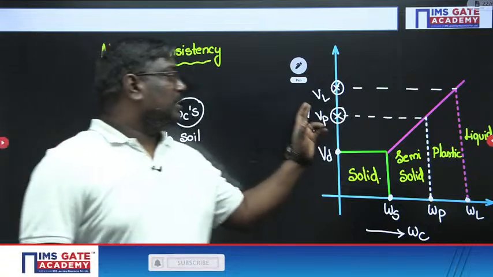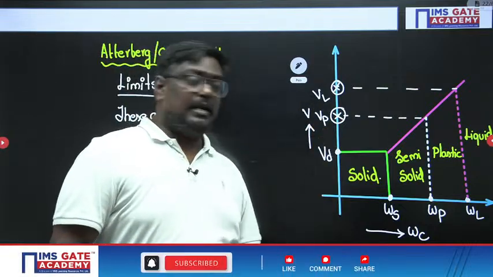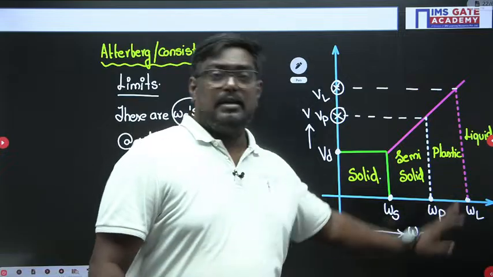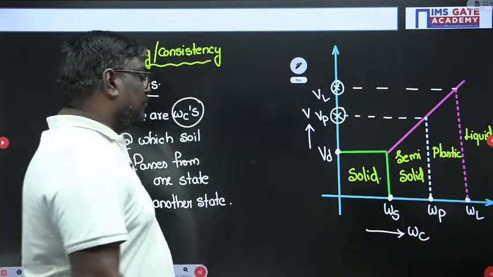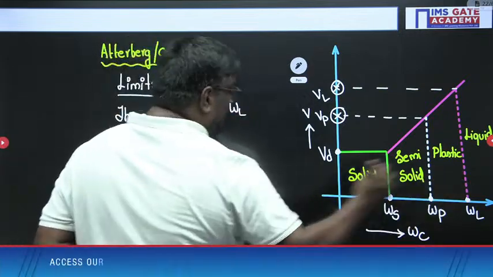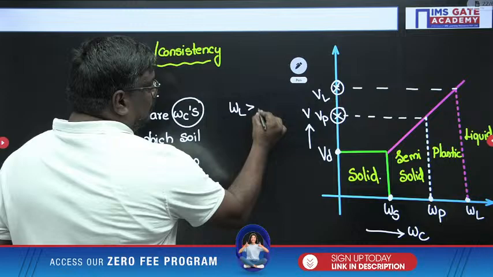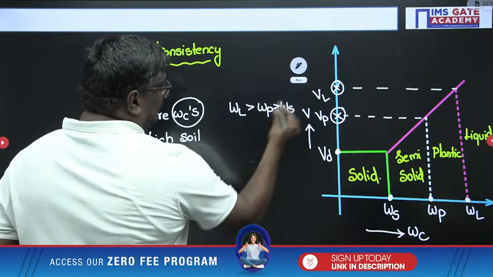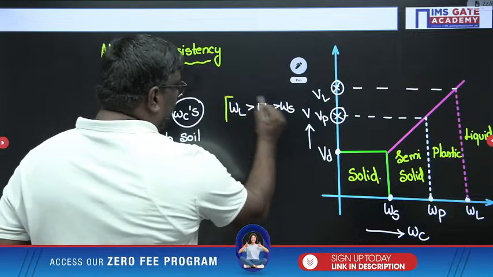Here we have shrinkage limit, plastic limit and liquid limit. From the graph it is evident that as you move towards the right, the values increase. So liquid limit is greater than plastic limit, which is greater than shrinkage limit.